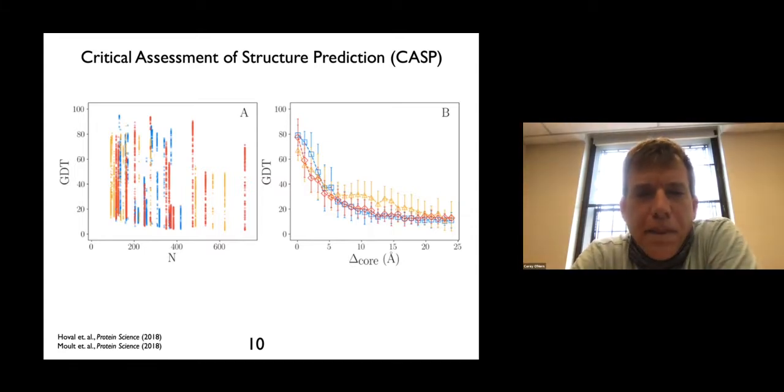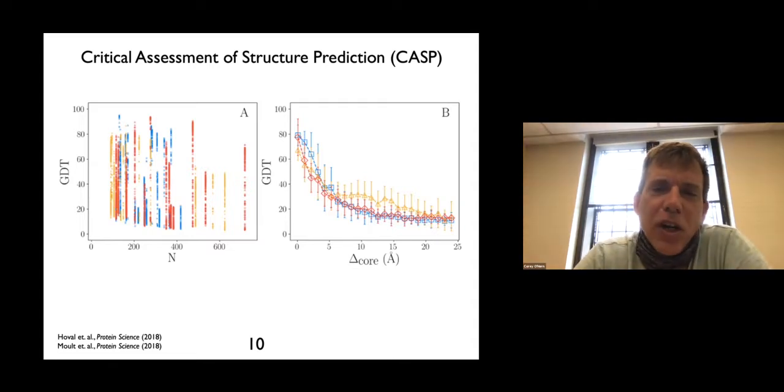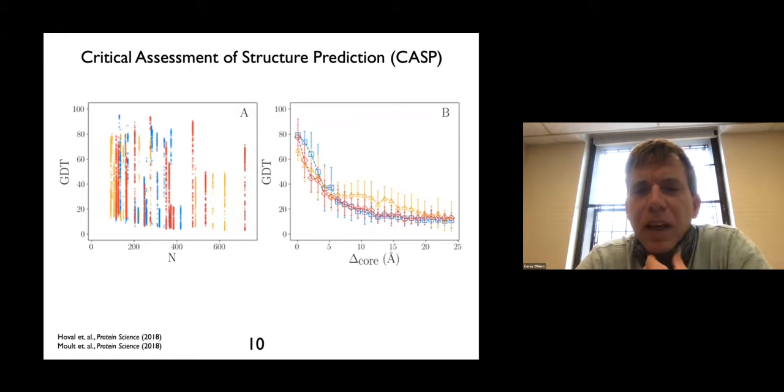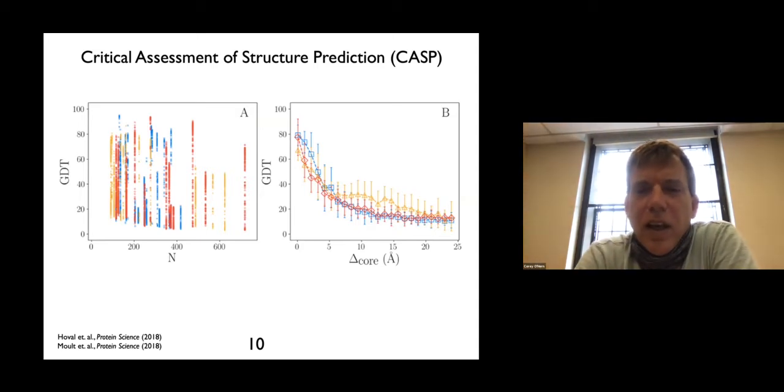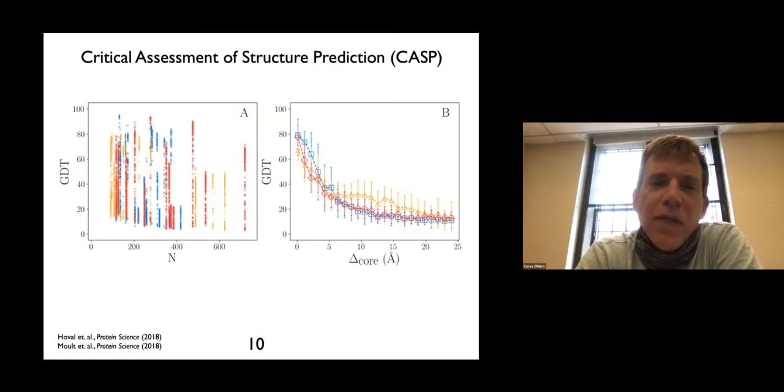Then you submit your structure, and since they have the gold standard, the actual structure, you can compare the computationally generated model with the right answer. One thing that's reported is what's called GDT, which stands for Global Distance Test. It's essentially like a root mean square deviation of the positions.